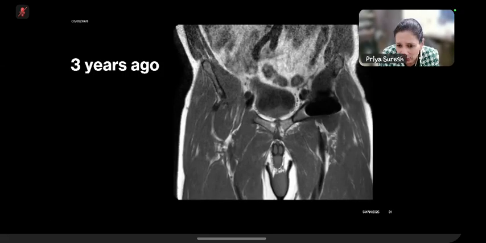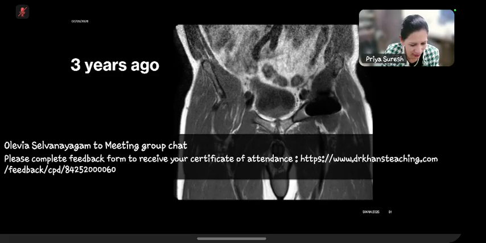So 3 years ago, this patient had these changes here. Can you see? Okay, but you can easily walk past. Retroscope is really good, but hopefully after the session all of you will be thinking, am I looking at the MR scan, am I looking at the T1 weighted images, am I picking up these changes?